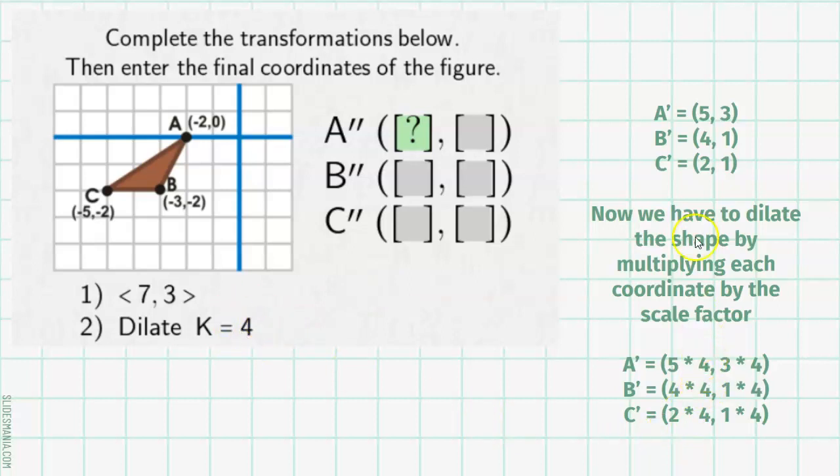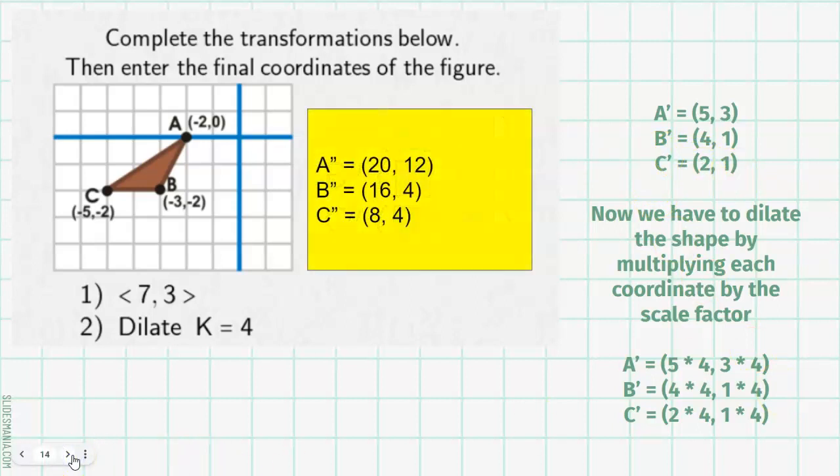So now I'm using what I had in my yellow box, in order to multiply by 4. 5 times 4, 3 times 4. 4 times 4, 1 times 4. 2 times 4, 1 times 4. So when I do that, here are my final coordinates for my shape. So I had to use my vector first, and then I had to do my dilation. I have to follow all the directions.